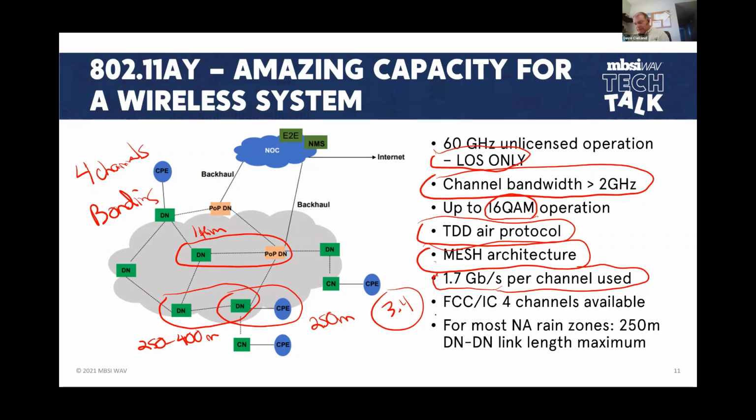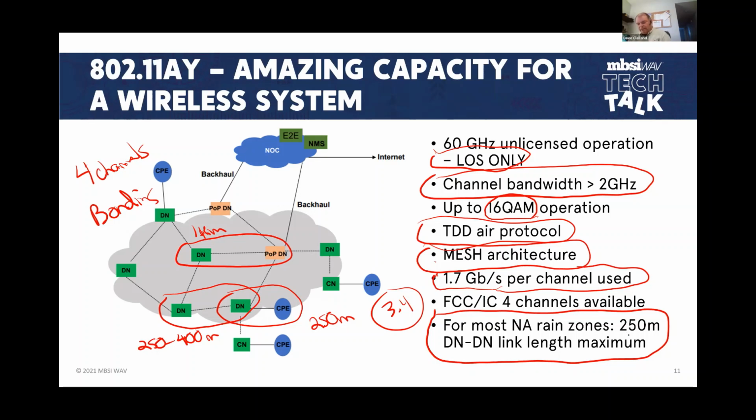But let me talk about 60 gigahertz now as a frequency band. It is subject to oxygen absorption. Our wavelength is now short enough in 60 gigahertz that oxygen in the atmosphere provides a significant amount of attenuation, which contributes to this 250 meter channel, this range that we have.